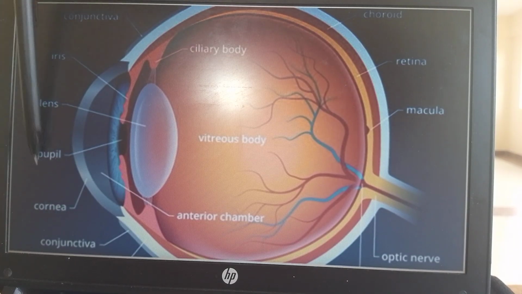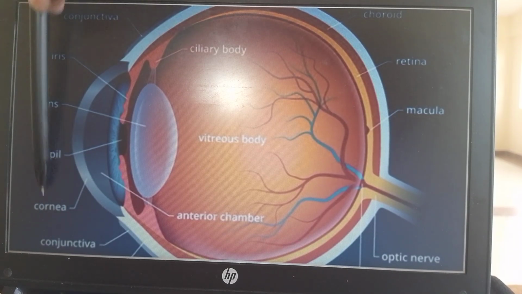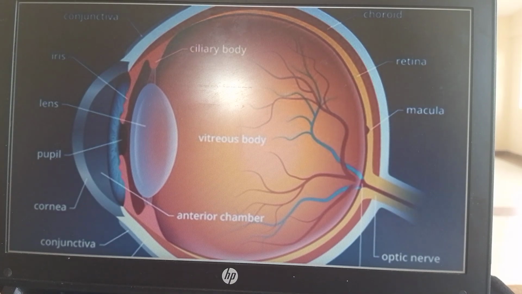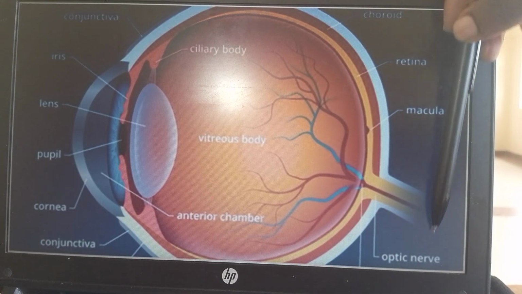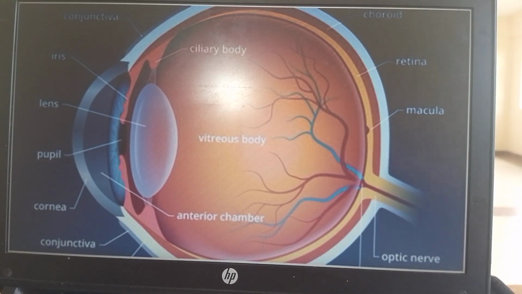So this area, in front of the eye, is what we refer to as the anterior aspect of the eye. This area at the back of the eye, that is what we refer to as the posterior aspect of the eye.